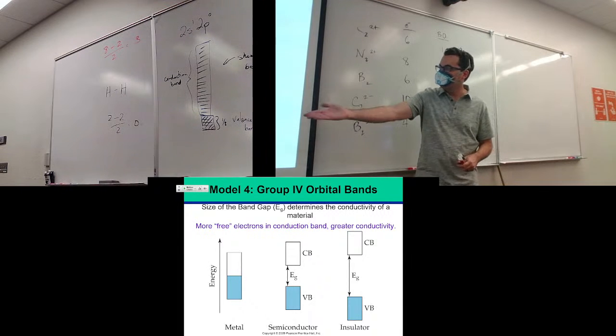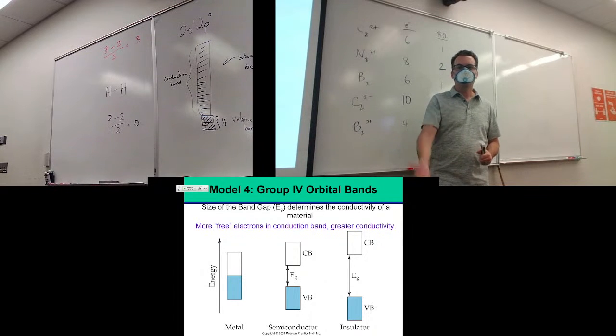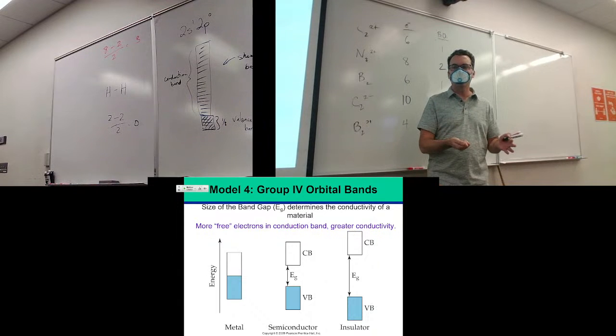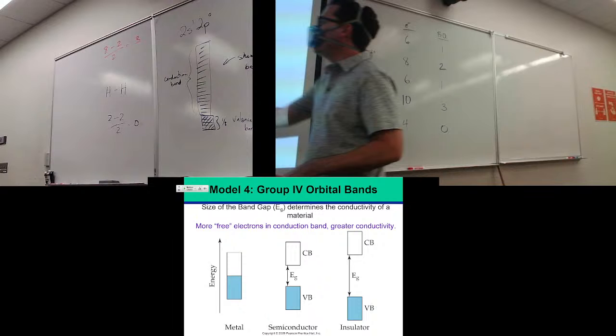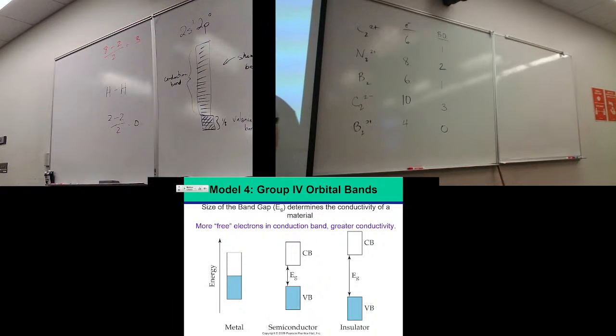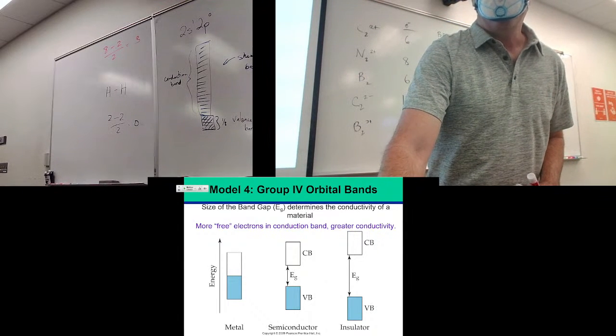It's not a conductor, but it can become a conductor through adding energy. And that's how silicon works. Silicon does not conduct out of the box, but if you give it energy, you can heat it up, it'll become conductive all of a sudden. And that's because when you heat it up, you're giving these electrons enough energy to bridge this gap, and suddenly now they can move around. Okay.